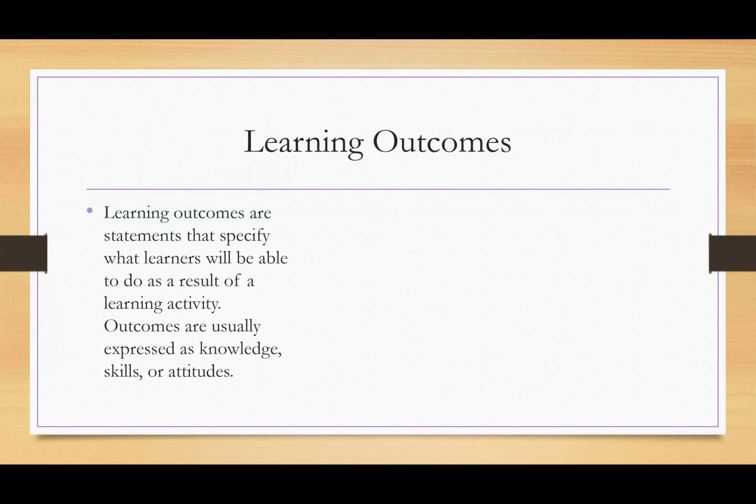Outcomes are usually expressed as knowledge, skills, or attitudes. They specify the intended knowledge, skills, attitudes, or behaviors that learners are expected to achieve by the end of the lesson.